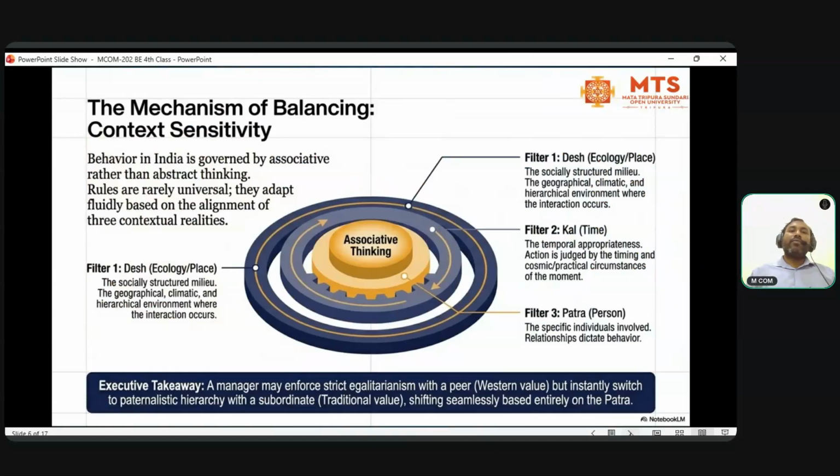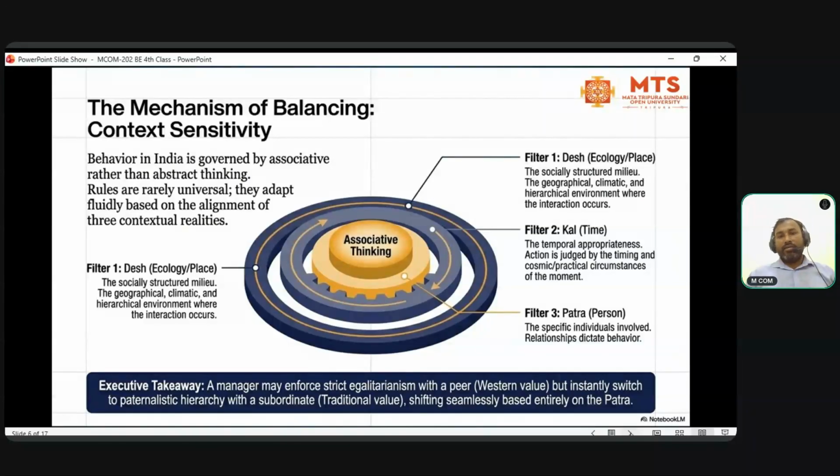So now the mechanism of balancing. Context sensitivity. Behavior in India is governed by associative rather than abstract thinking. Rules are not universal. They adapt fluidly based on the alignment of 3 contextual realities.